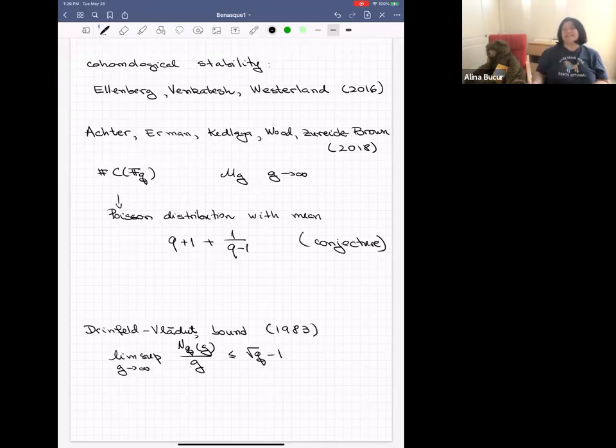Okay, so I should say that the Ellenberg-Venkatesh-Westerland paper deals with Hurwitz spaces. These guys look at the full M_g, and of course we have no idea how to approach any question like that, except if we assume a bunch of things. Nobody can write a random curve in M_g.